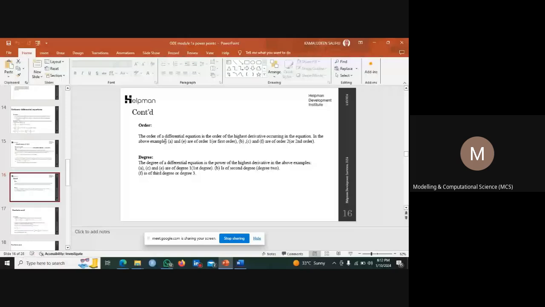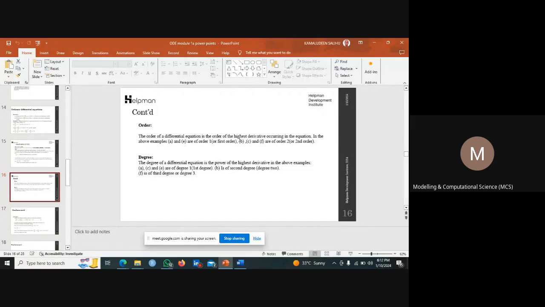So now, the degree. What is the degree of a differential equation? This is where most students get confused between the order and the degree.